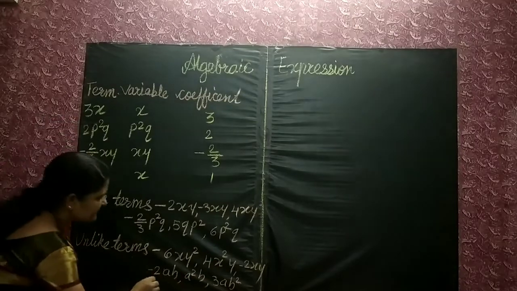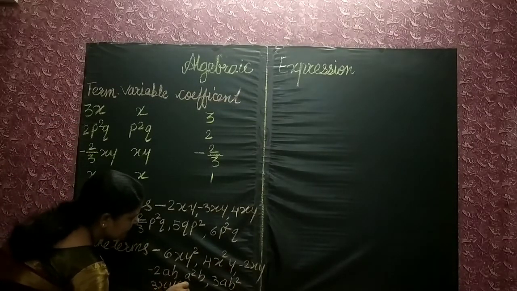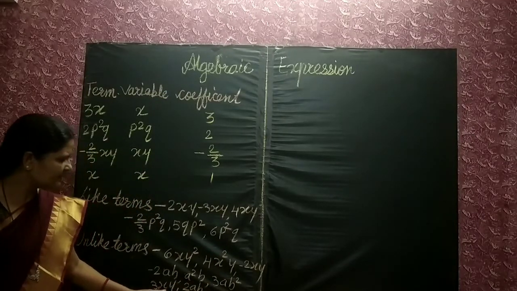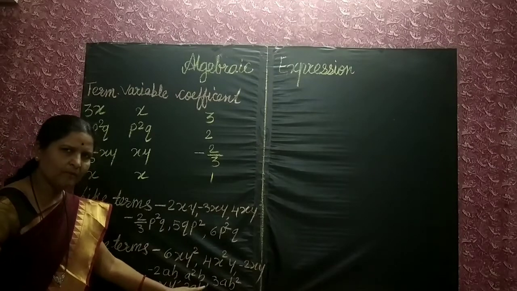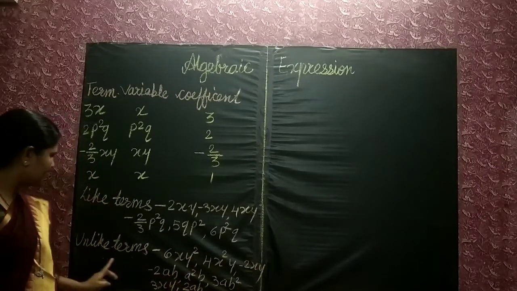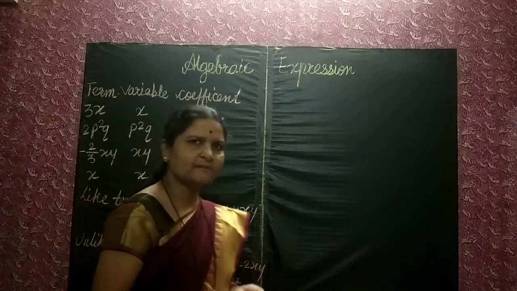One more example: 3xy, then 2ab. Here all the powers are 1, but the variables are different. So they are said to be unlike terms. Okay, got it? Like terms and unlike terms.